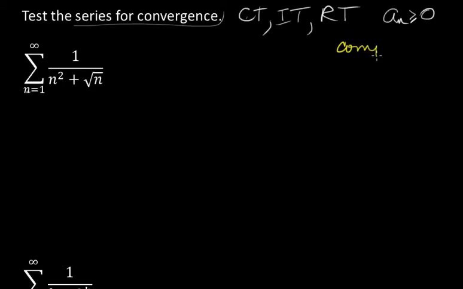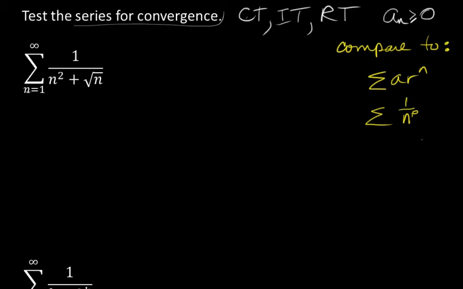We're always hoping to compare to either a r to the n that converges when r is in absolute value less than 1, or 1 over n to the p, a p-series, and we know that converges when p is greater than 1. So these are going to be our sigma b sub n's. We're always hoping to compare to one of those.